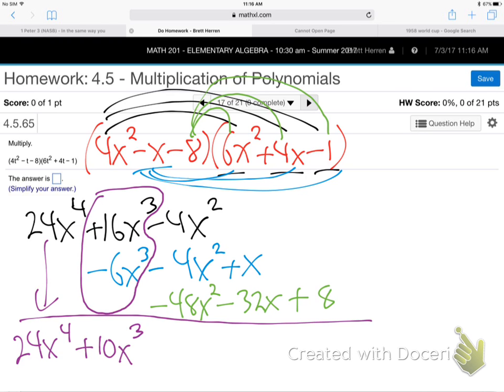Good, it's making sense. I'm racing ahead of you. So I did the 9 multiplications, and now I'm just combining like terms.